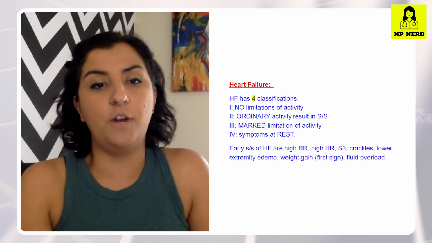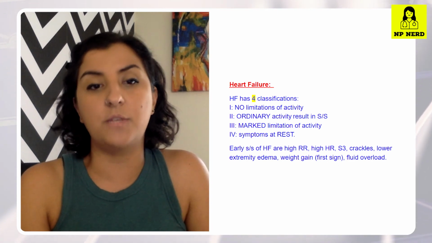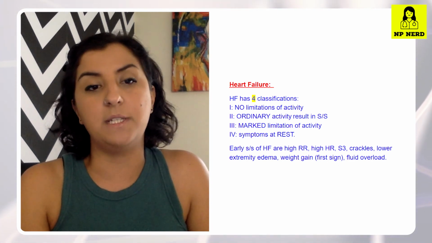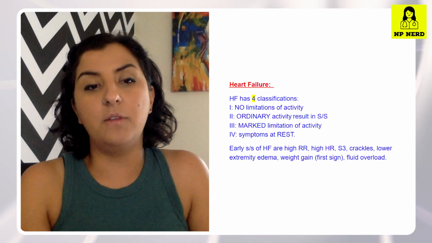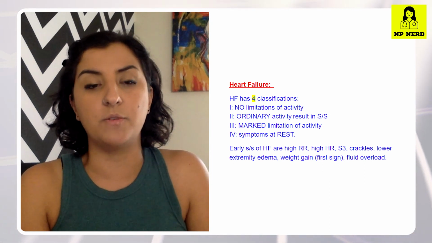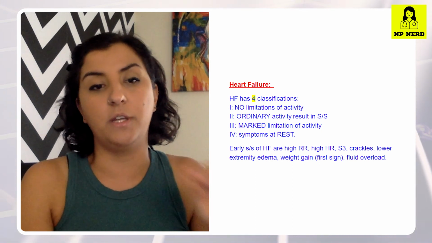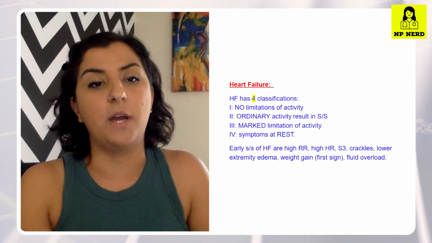Your early signs of heart failure are high respiratory rate, high heart rate, S3, crackles, lower extremity edema, and weight gain. Focus on weight gain because I remember this was a big focus when I was taking the course for the AANP exam, that the first sign for heart failure is weight gain. So think about that.